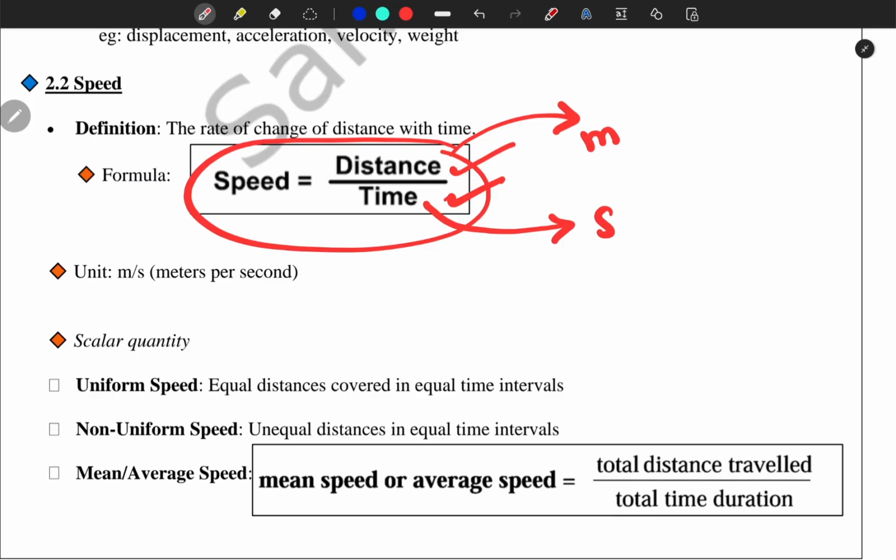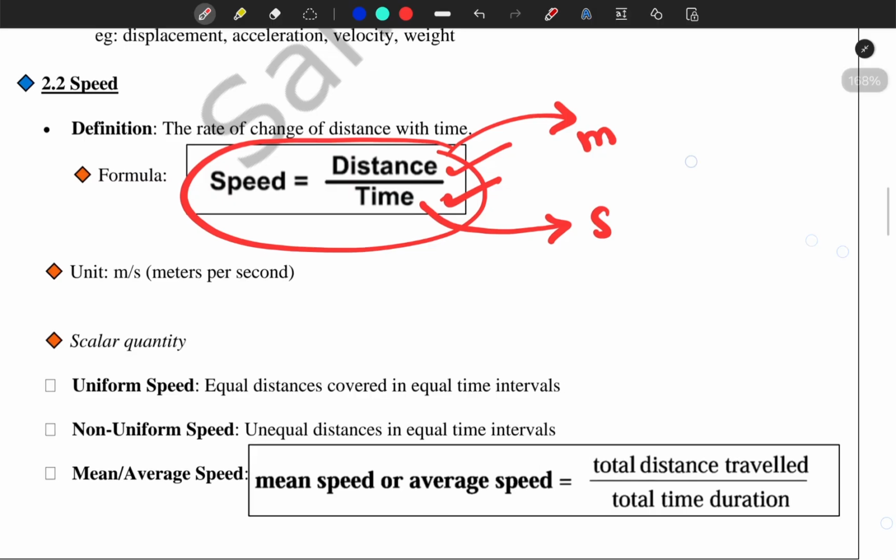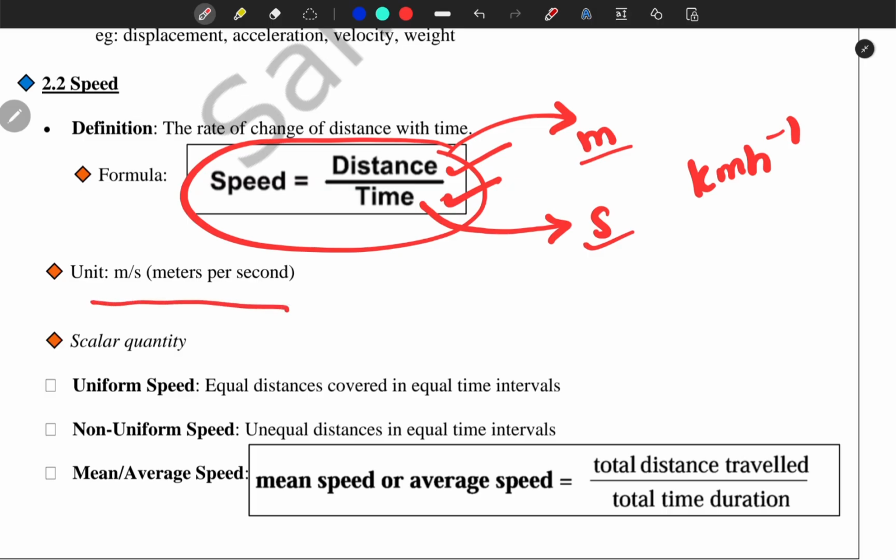So it is a very common unit, but as the international standard unit, it is the meters and the seconds. Okay, that's why the unit is given like this.